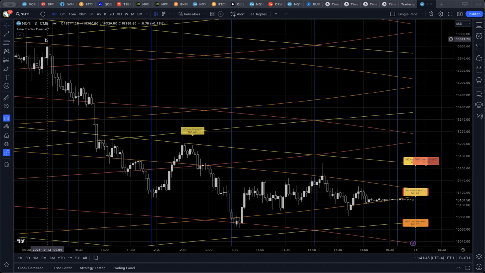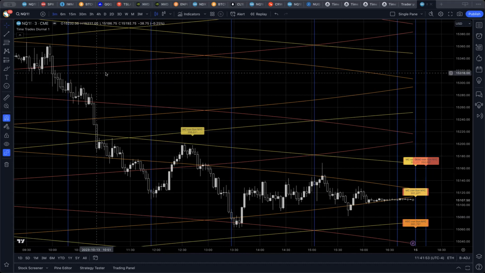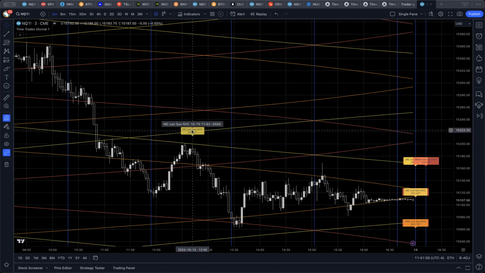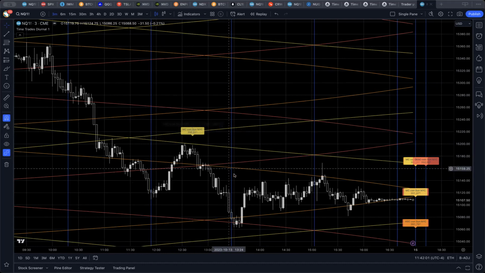And what we're doing here is we're helping you as a trader visualize that daily spinning motion of the Earth and display various lines and labels on the chart. For example, when the sun is overhead New York City, and these lines indicate where certain key points are in the daily spinning motion of the Earth.